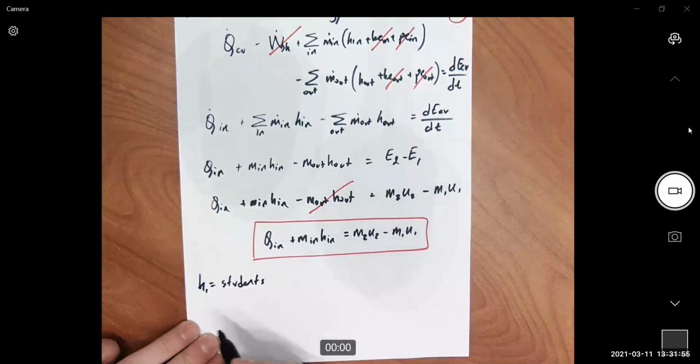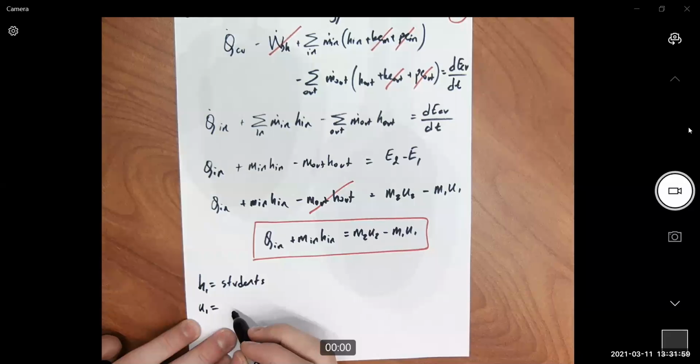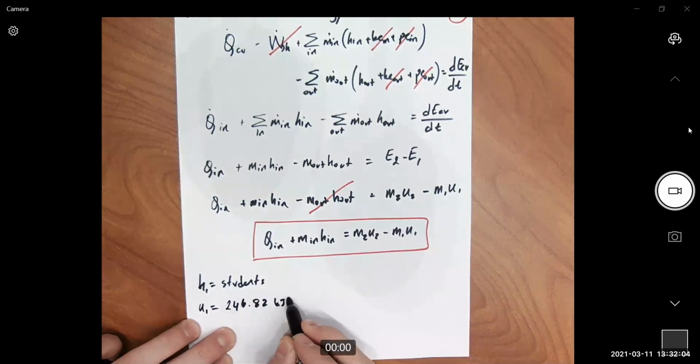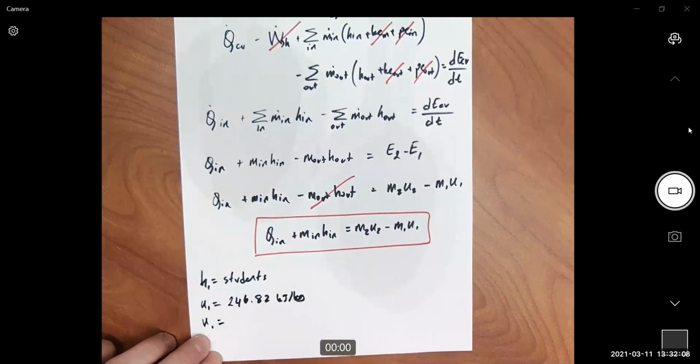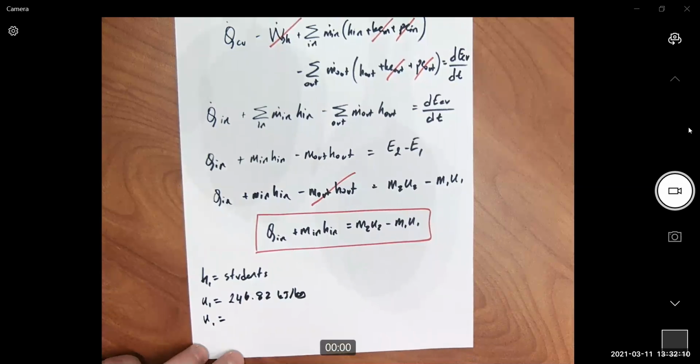Okay? So U1, you should have 246.82 kilojoules per kilogram, and specific volume at state 1 is 0.02565 meters cubed per kilogram.